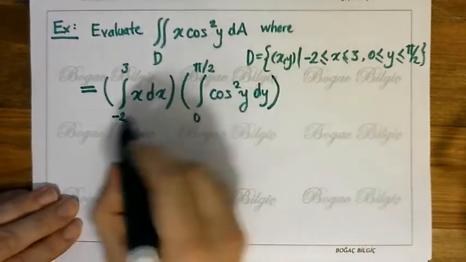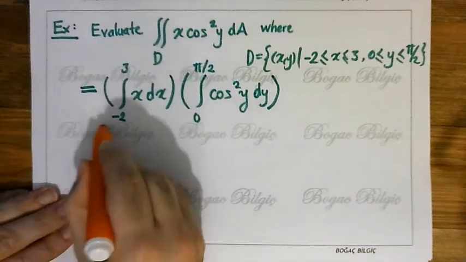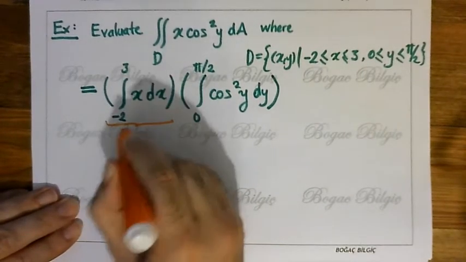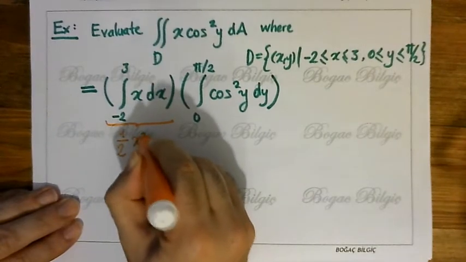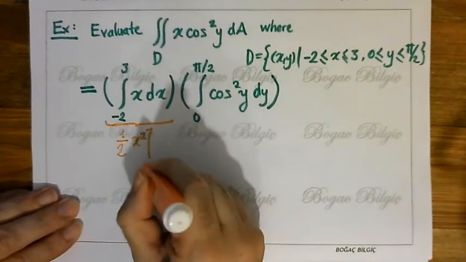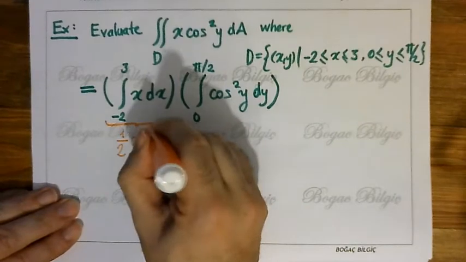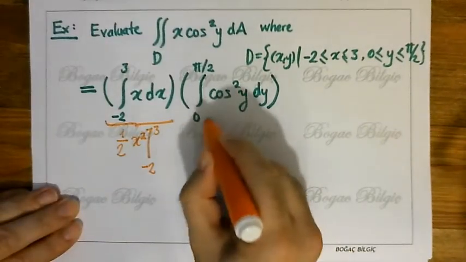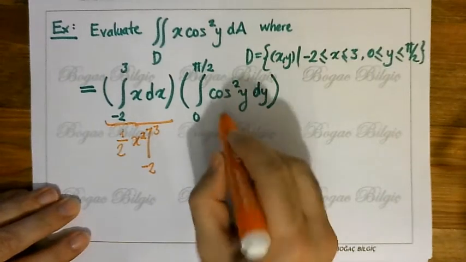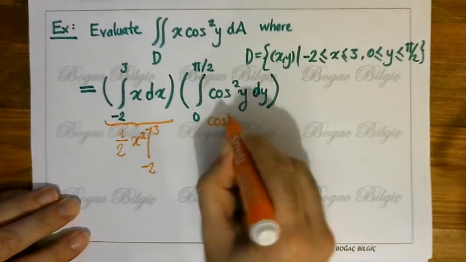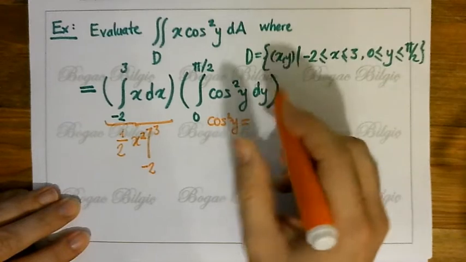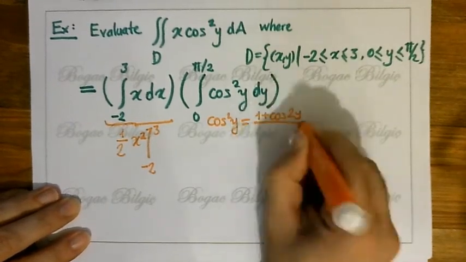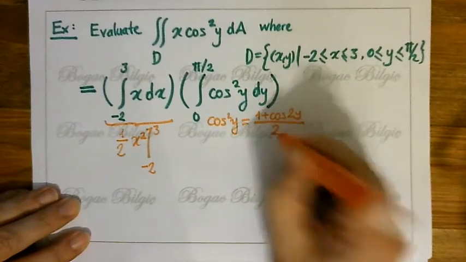You calculate this term easily: 1 divided by 2 x squared from -2 to 3. And for this term, you remember, cos squared y is equal to 1 plus cos 2y divided by 2.